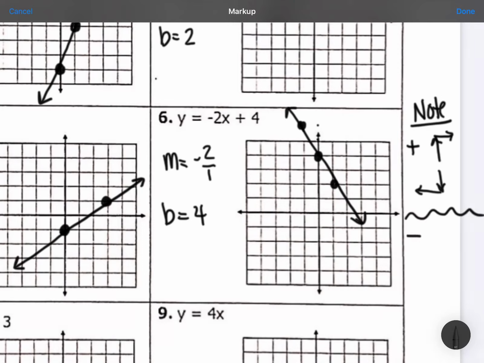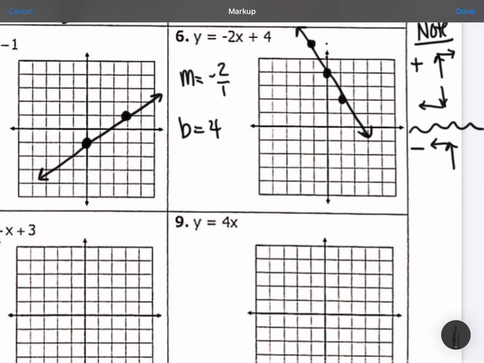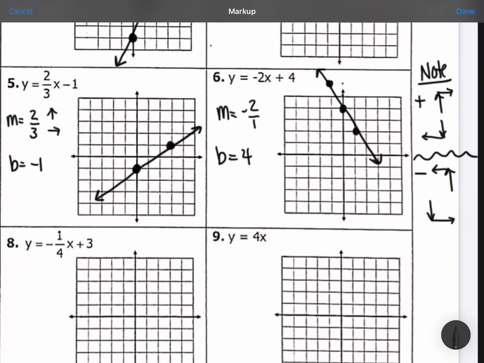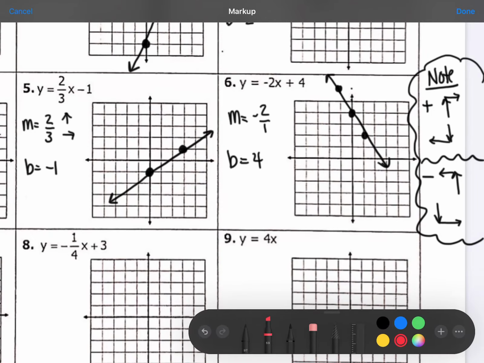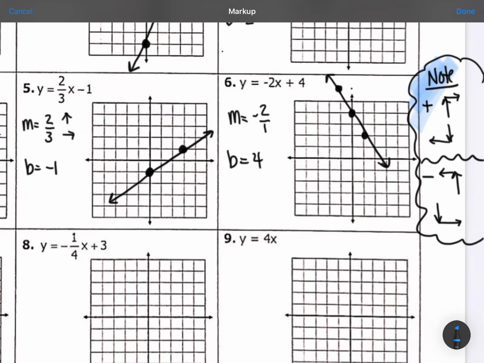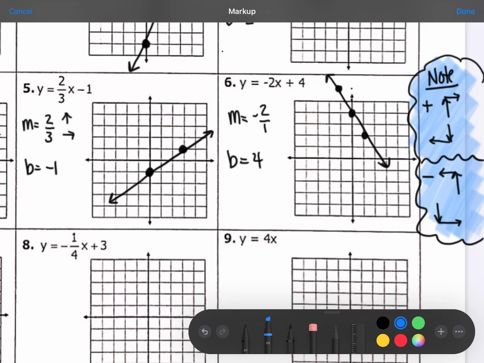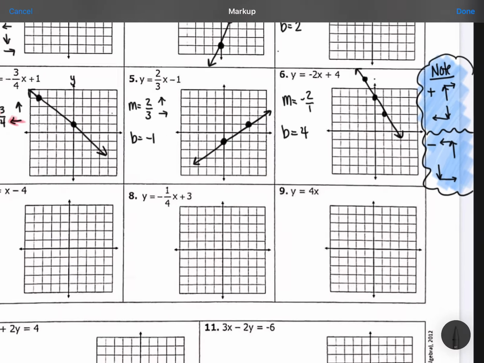For negative lines, you can go up and then left, but what if you don't have enough room to go up and left? What's the opposite of up and left? That's right, down and right. Both of those directions would give you a negative line. So that's just a little extra note there to help you when you're doing your slope. If you don't have enough room to rise, then run, you can fall and crawl. Or you just fall off your graph and then connect your dots.